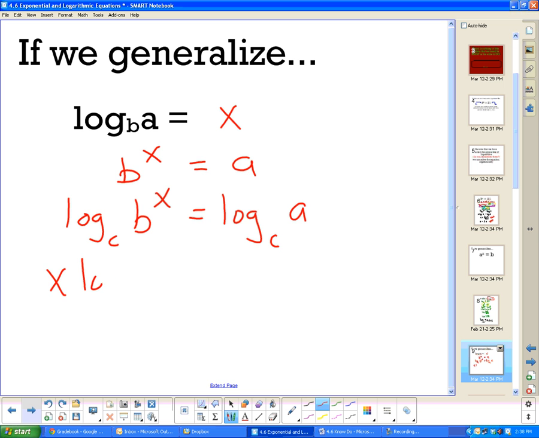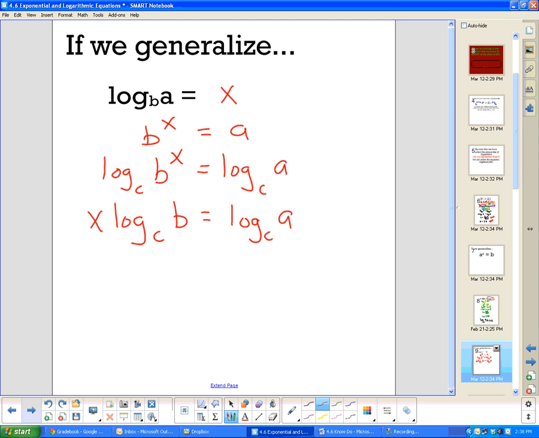Apply the property that allows me to take the exponent on the input and bring it out in front of the logarithm. So far, I'm doing the same thing that I did in the previous two examples, except instead of doing it with specific numbers, I am doing it in the general case with just constants. I'm going to divide both sides by logarithm base c of b.